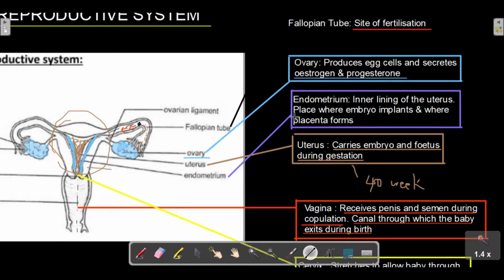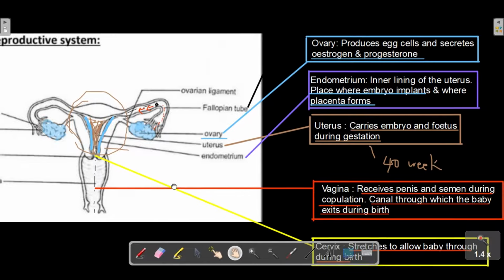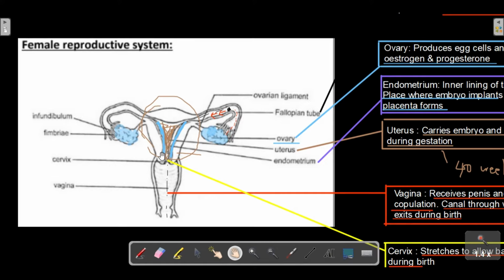It is the place where the embryo, rather the blastocyst, implants, and it is the place where the placenta forms. We'll talk about the placenta, which is a structure that connects the mother and the developing fetus. This is what we talk about frequently in the menstrual cycle.